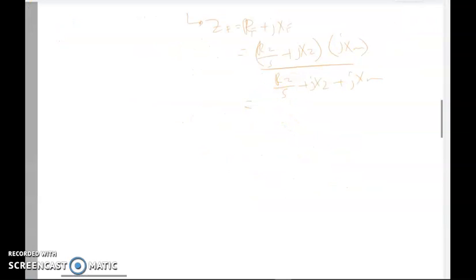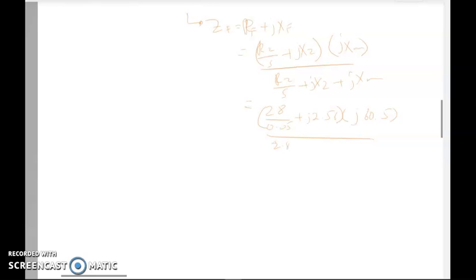So what we have here is 2.8 divided by the slip value S, plus JX2, which is 2.56, times JXM, which is 60.5 ohms.